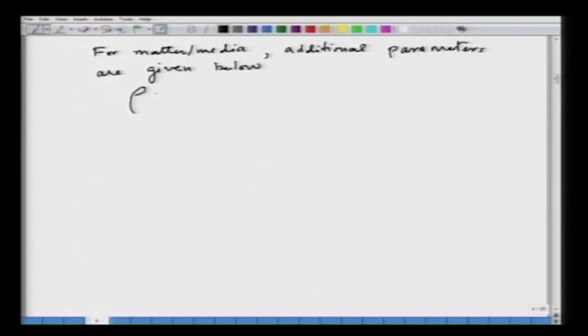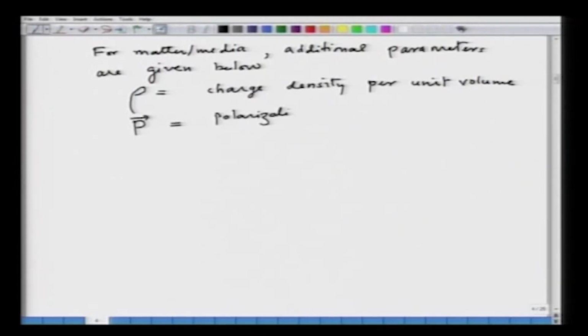These are basically, matter generally has some charge density per unit volume. It may also show some polarization behavior, which is basically the volume density. Polarization is volume density of electric dipoles.